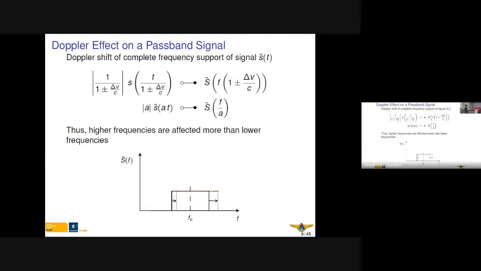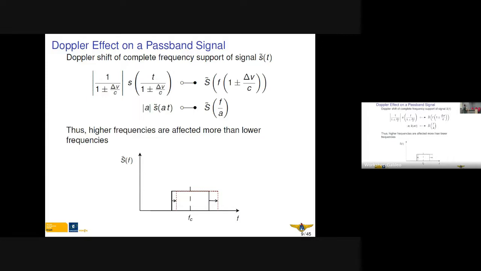If we introduce the frequency shift on the right-hand side in the first equation, we have the Fourier transform of the passband signal, and then we implement here the Doppler shift, the shift of the frequency given by the Doppler effect. Then on the left-hand side, we have a change in amplitude in the time domain, and a change in the time.